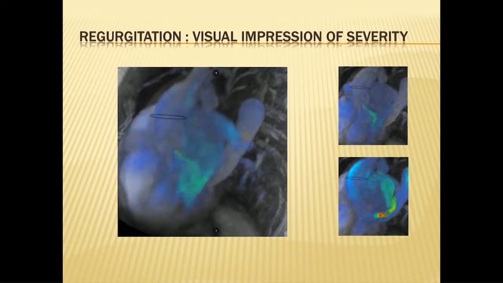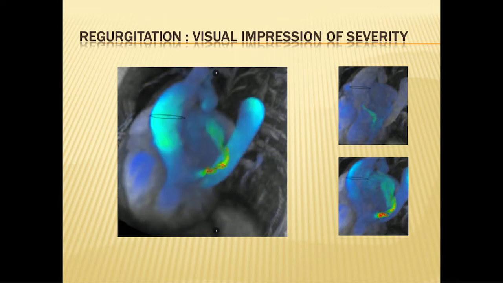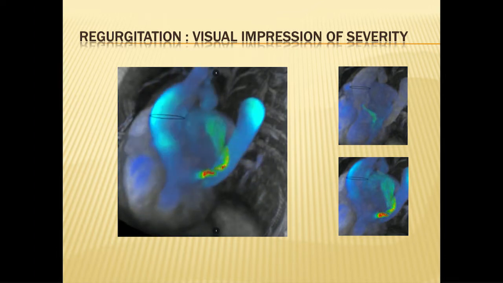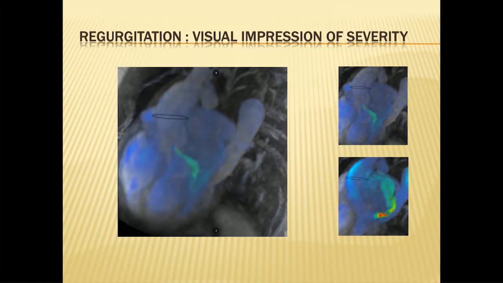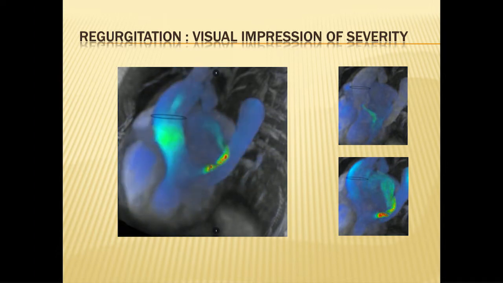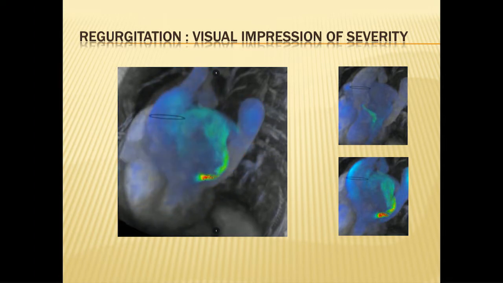Already by visual interpretation, here you have an aortic regurgitation and a mitral regurgitation, and visually it's obvious that the mitral regurgitation is much more severe than the aortic regurgitation, which was not so obvious for echocardiography. When you have two regurgitations, they may be confused, but with 4D flow, just by looking, you were able to have very important information.